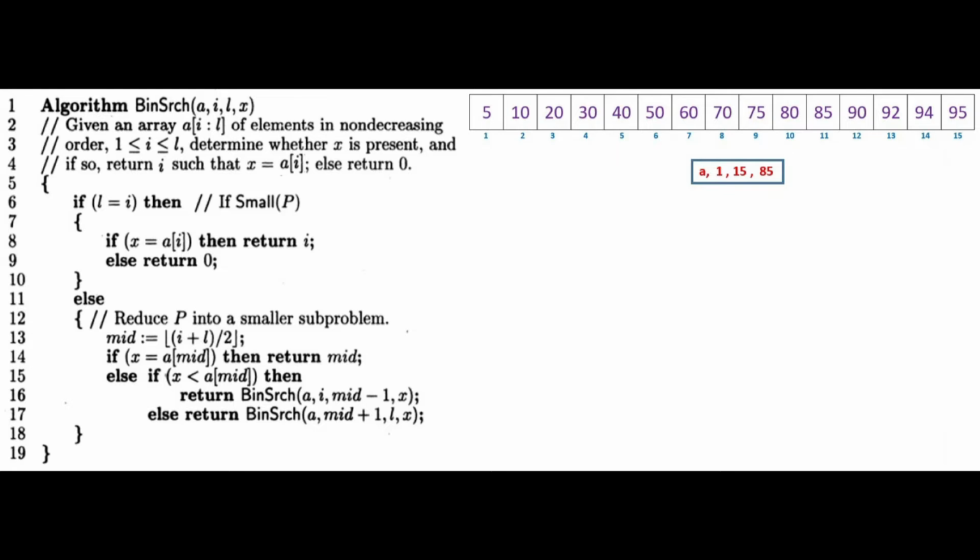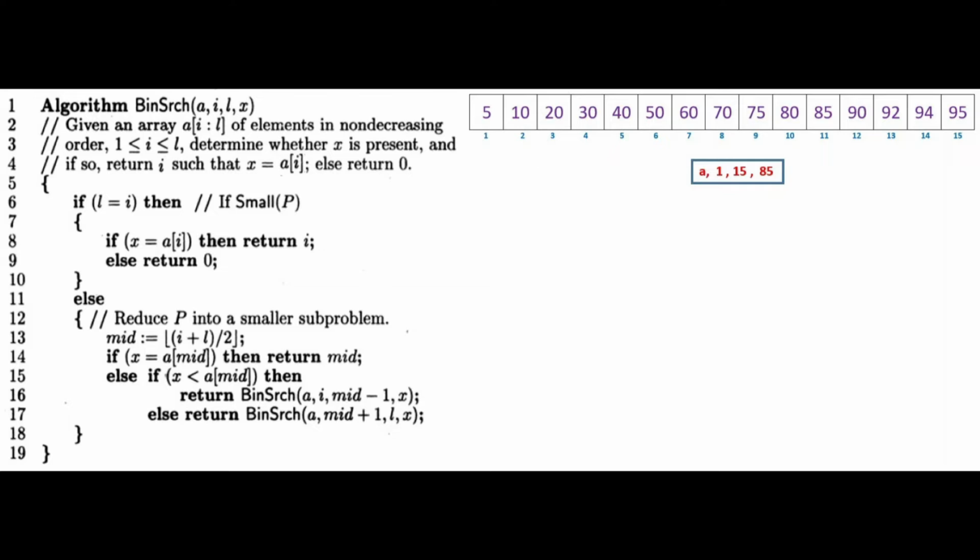Now we are at the beginning of the algorithm. If L is equal to I, that means the problem is small. Now L is not equal to I, 15 is not equal to 1. So we go to the second block, the else block.